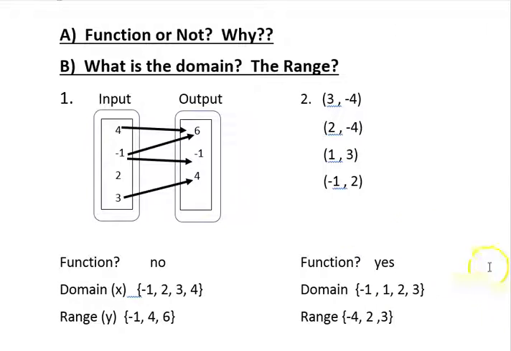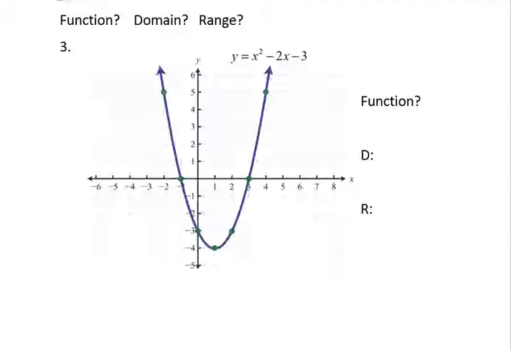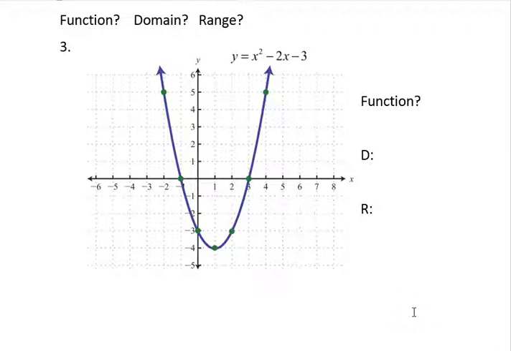But what if we're not just given points? What if we're given a graph? Now, I really don't need the y equals part. I'm just kind of looking here. Do we remember how to tell if something's a function or not? Nice! The vertical line test. Our up and down, looking to see if it goes through more than 1 point.